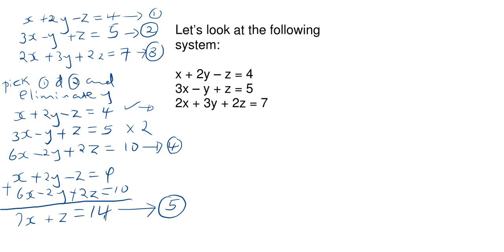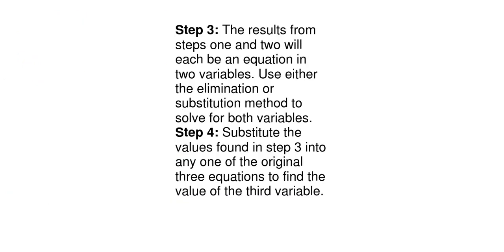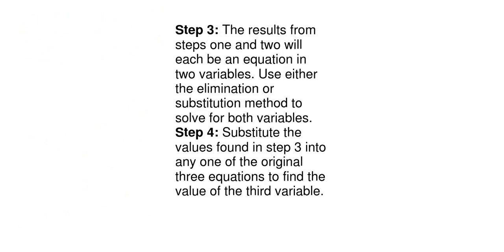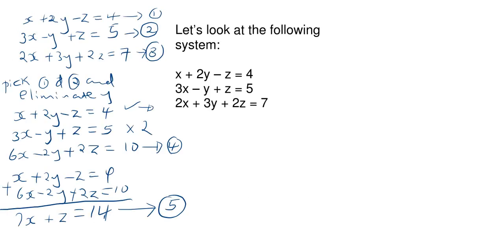That is step 1. Step 2 says we pick two different other equations and eliminate the same variable that we have eliminated in step 1. In this case we eliminated y. So to pick other two, we can either pick 1 and 3 or 2 and 3. So we combine one of the previous equations with the third equation.